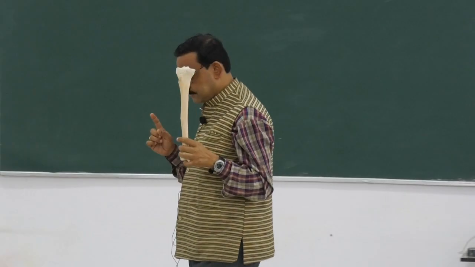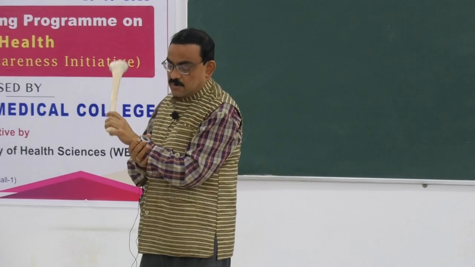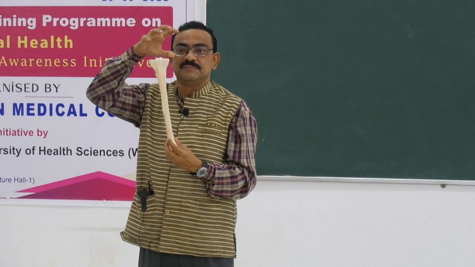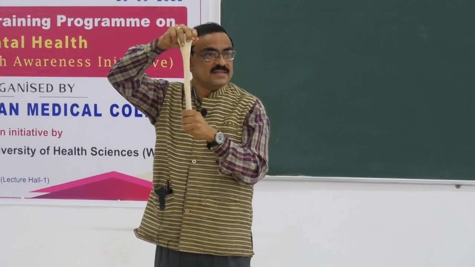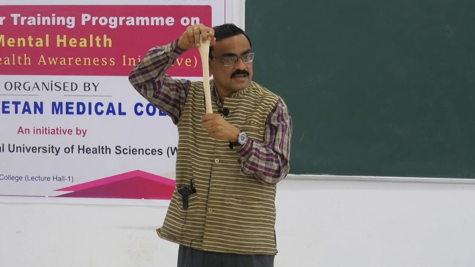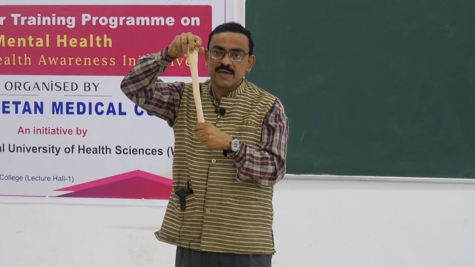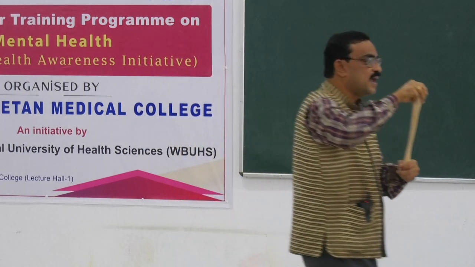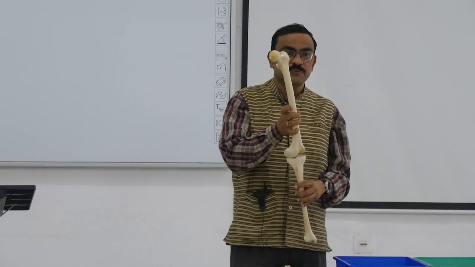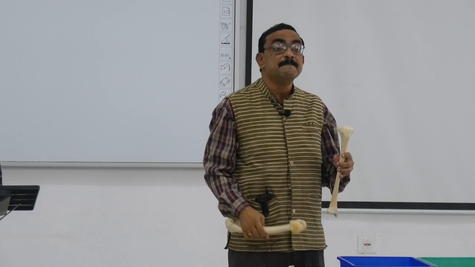As it is a long bone, we know long bone has got some ends. These are the ends: upper end and this is the lower end. This upper end, we know there is an articulation with femur.